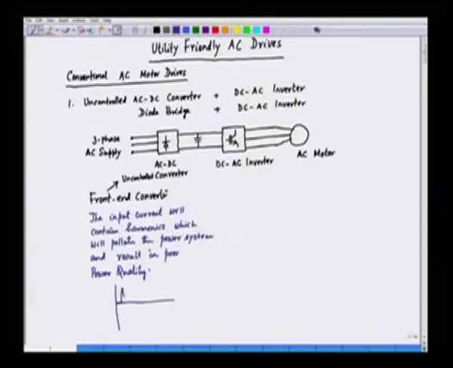So, this will have something like this structure, while the current is like this. This is the current, and the voltage will be sinusoidal. This is the V, the voltage, and we have the current.